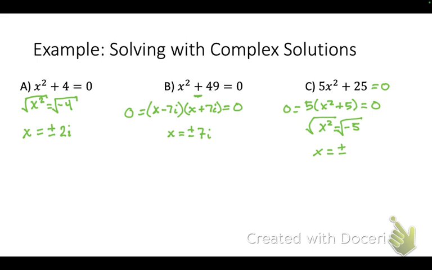The square root of negative 5, just negative 5. Or just square root of 5i. You can't leave the negative in there, because that negative gives you that i, correct?